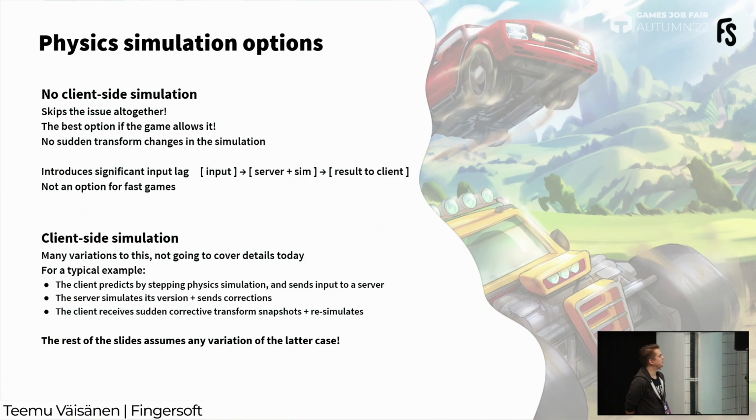There are not going to be any sudden transforms to the simulation, but the big issue is that it introduces input lag to the player. You would send an input to the server, or whatever authority you have on the other end, and then the server does the simulation and sends it back to the client. So you have this inherent latency coming from that option. But of course, this is not a solution for any kind of fast game, and fast here means almost any kind of real-time game.